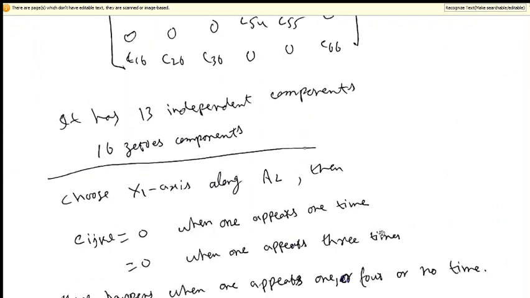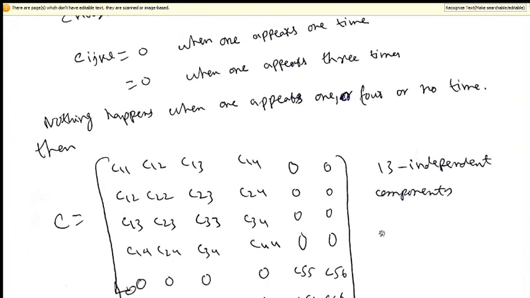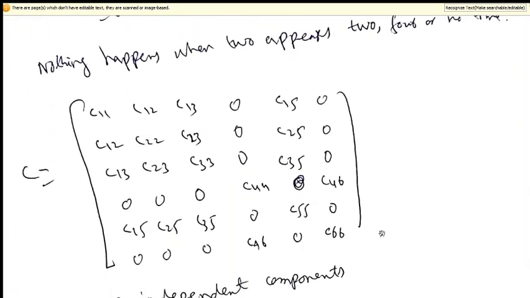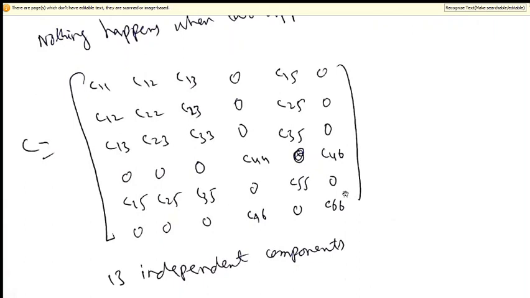So by giving similar arguments, you have the elasticity matrix C when x2 is along the a2 axis. The number of independent components would be 13. So the number of independent components would not change if you take x1 along a2, x2 along a2, or x3 along a2. Whatever your choice is, x1, x2 or x3, the number of independent components will not change. Only places will be changed.